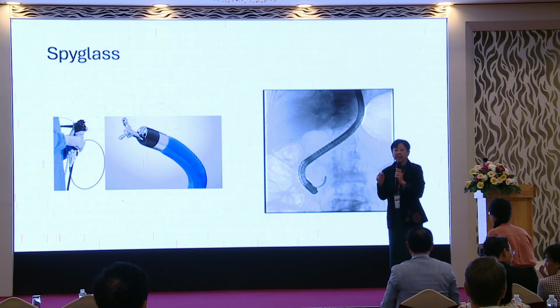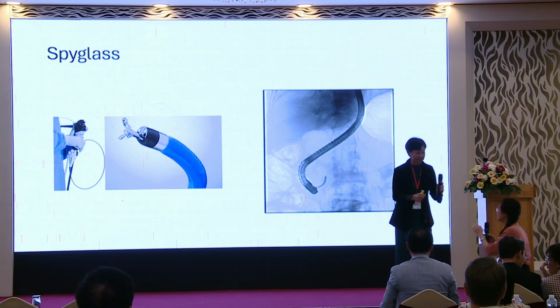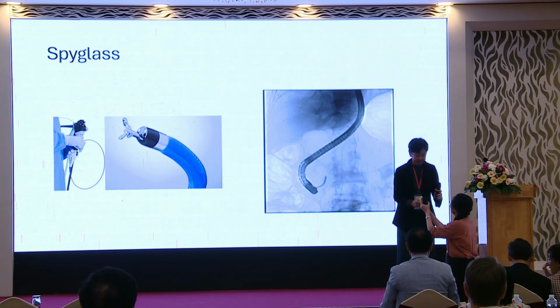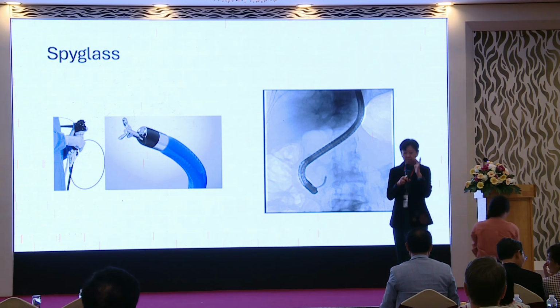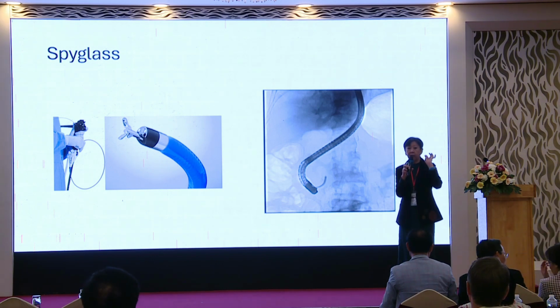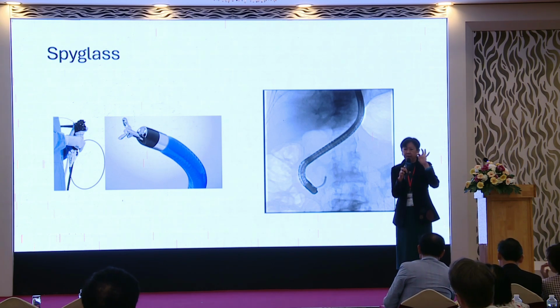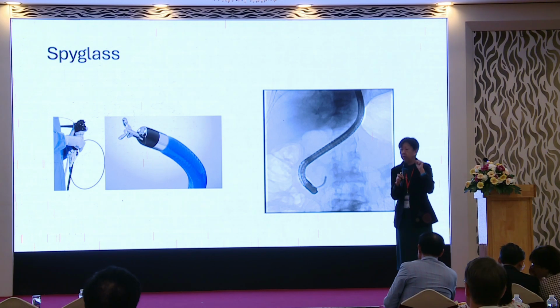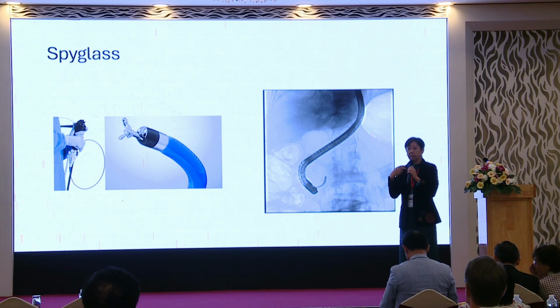So the spyglass is good for the clinician, but it's very taxing for the pathologist. Because it's very small, and if the surgeon is a little bit rough, just a little bit rough, all that you will see is mashed cells and with a lot of handling artifact, and it's not of much use to us as morphologists.